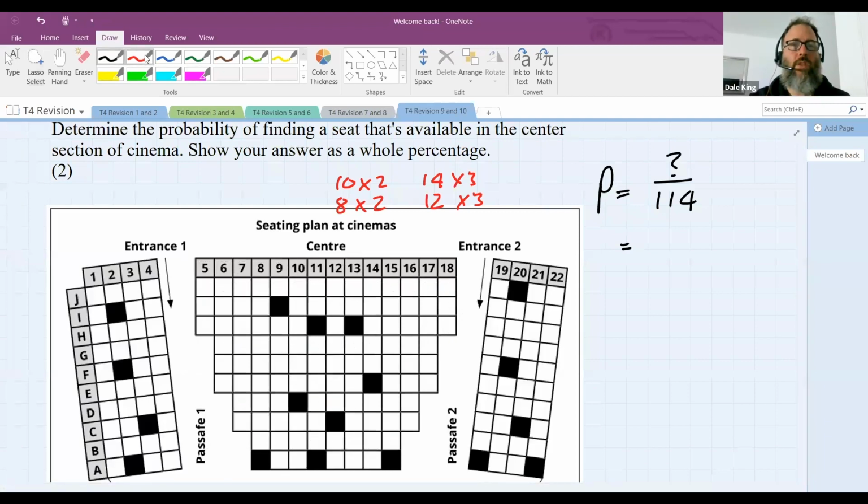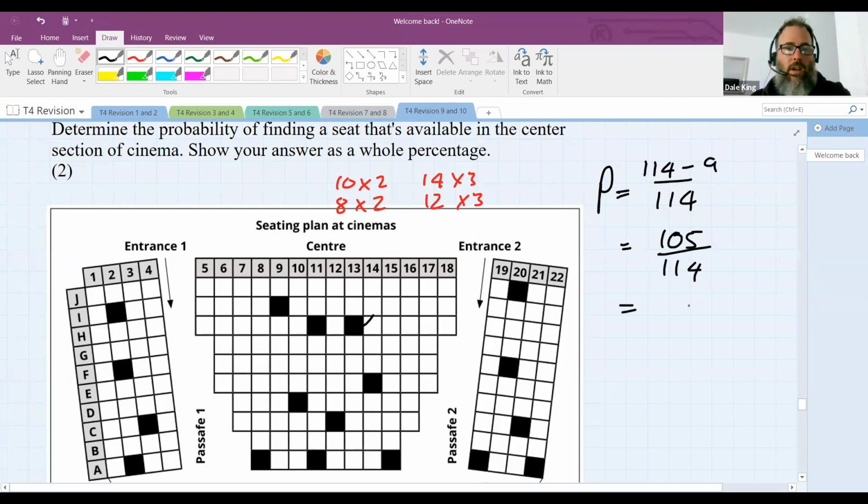So the top of this fraction, we need the total number of seats, which is 114, minus the ones that are not available, which is 1, 2, 3, 1, 2, 3, 4, 5, 6, 7, 8, 9. So there's 114 in total, 9 are not available, which means we're going to have 105 over 114.